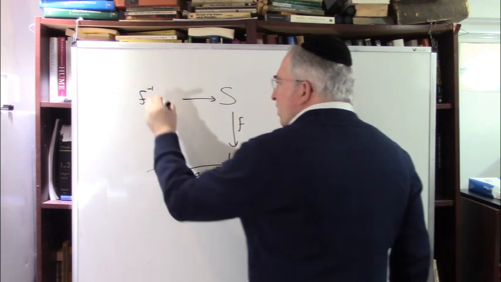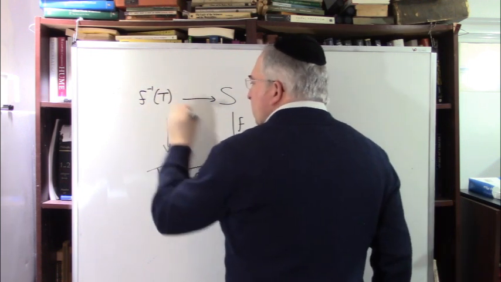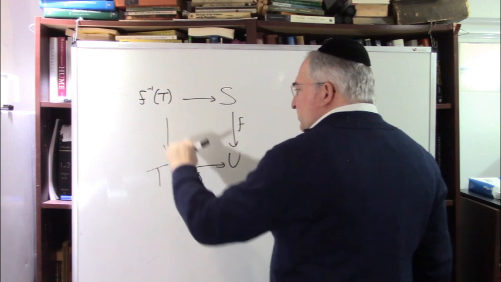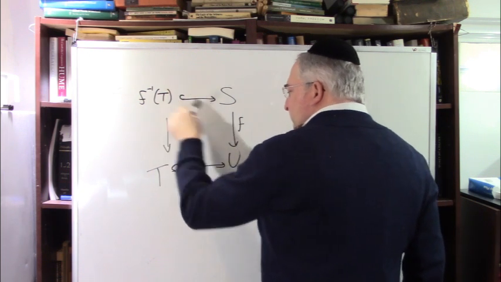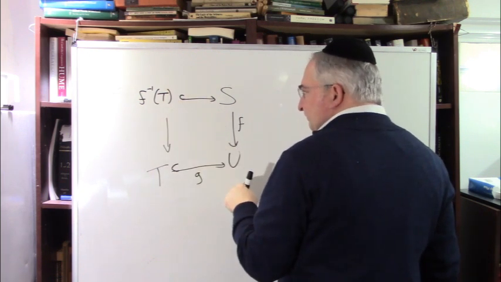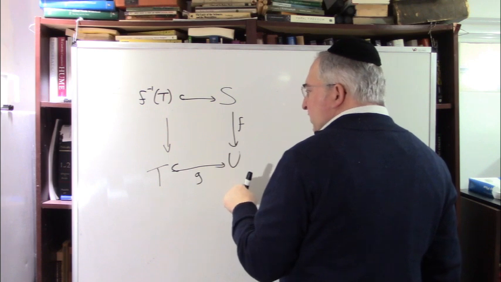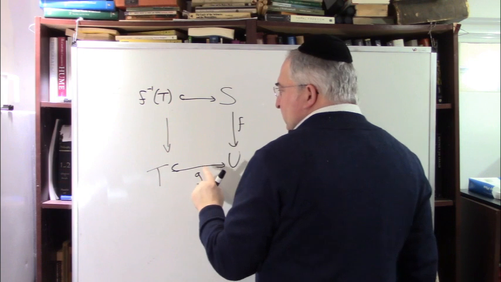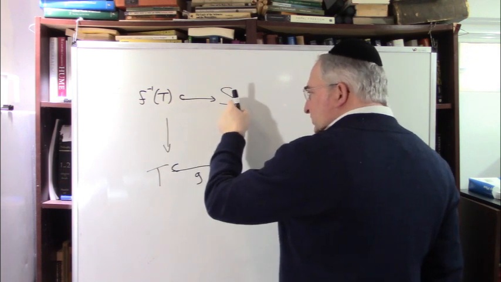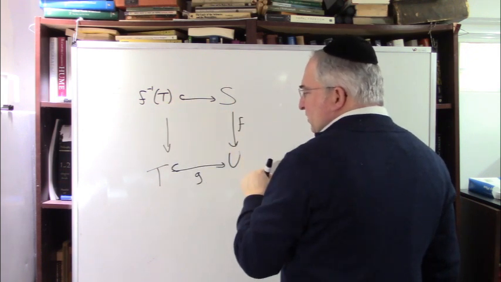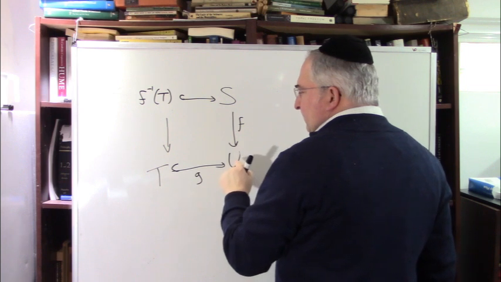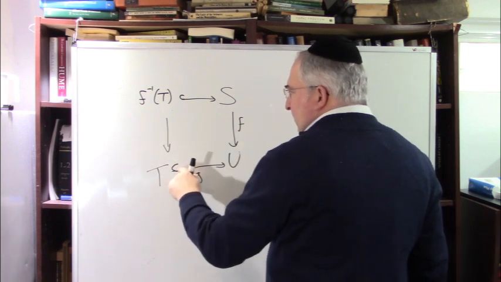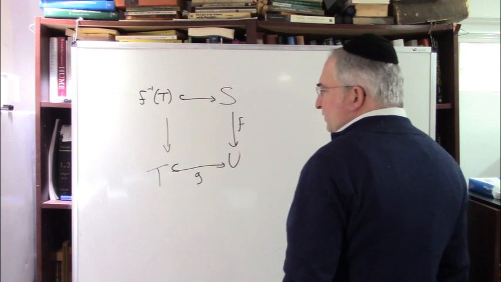This is an inclusion of T. Another way of saying that is, this is those objects in S such that it's the pullback of that.